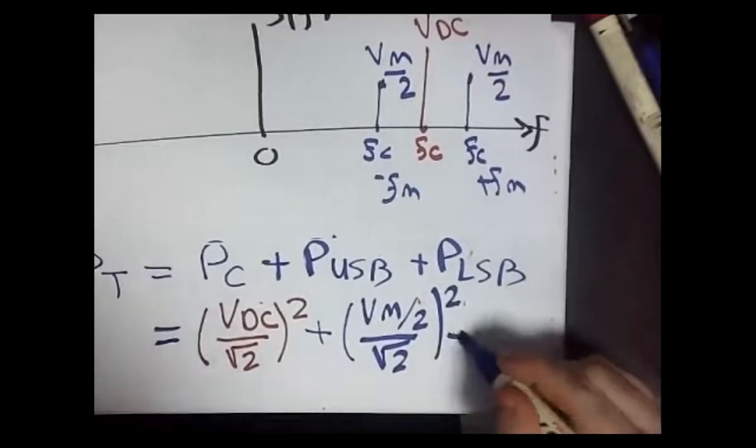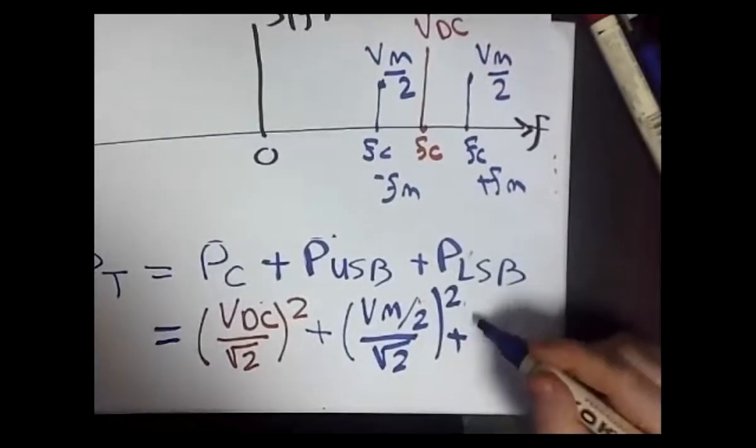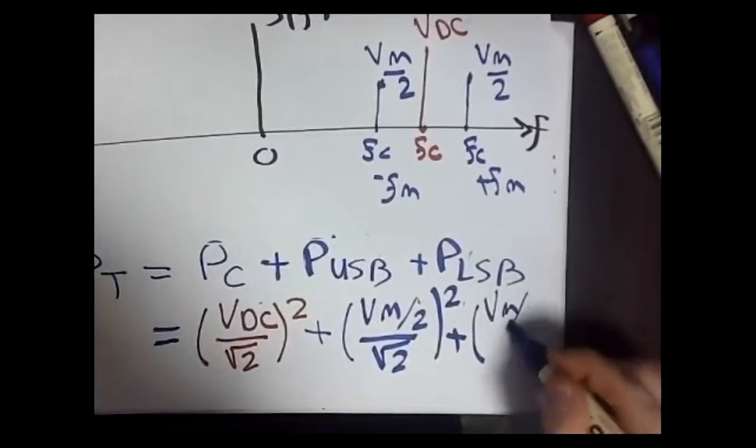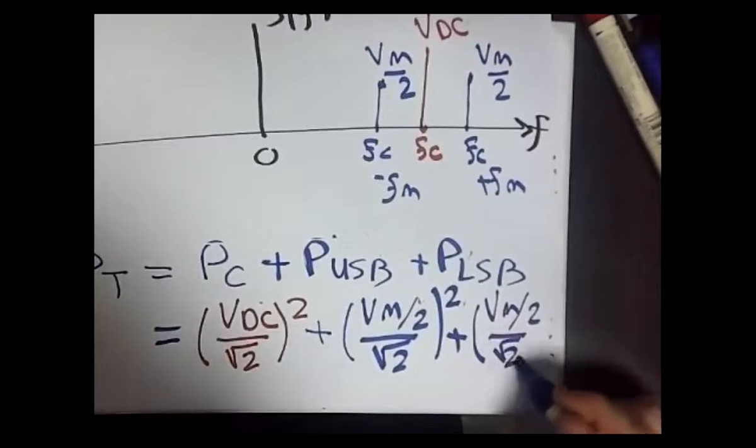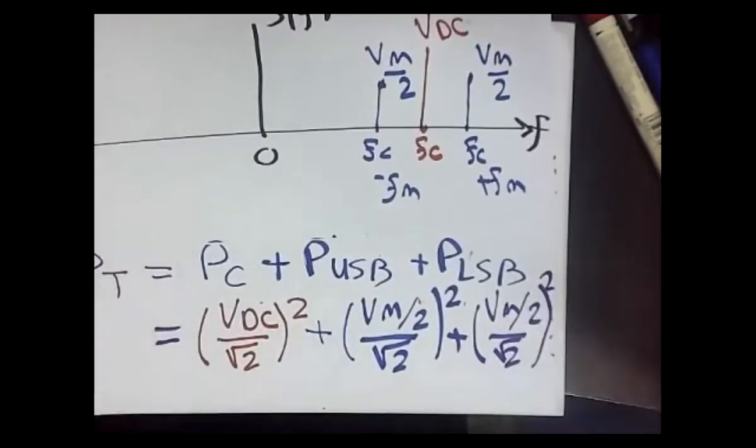Similarly, of course, for the third portion of the curve, it's Vm over 2 over root 2 square. As you can see, very easy.